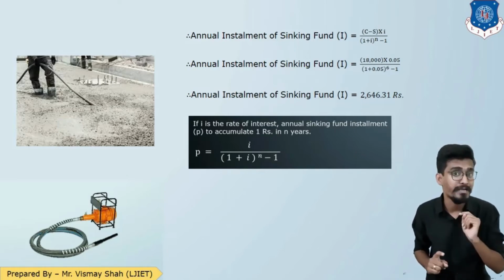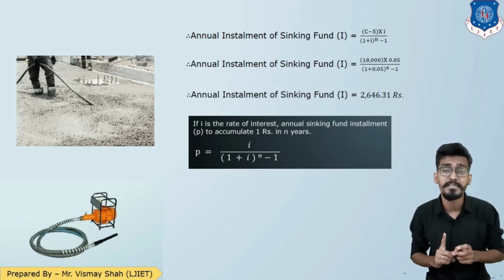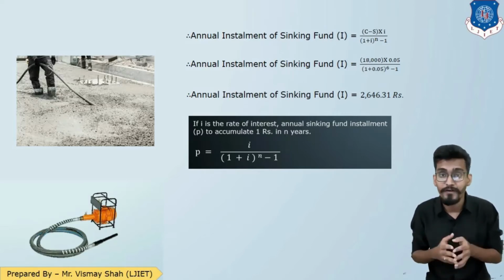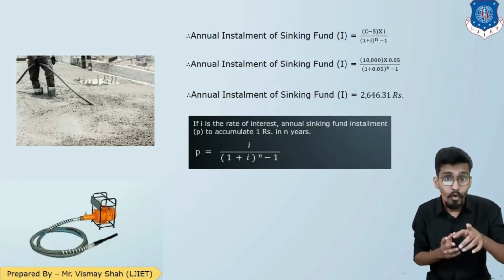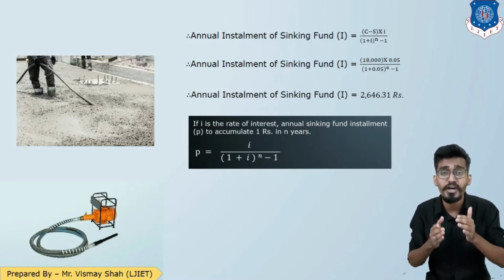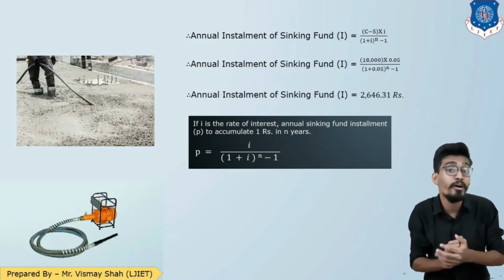In theory, it is capital A as we have seen in the table, but while doing the numerical, the installment of the sinking fund becomes capital I. So you can write it as capital I or capital A, both are the same. So here we are finding how much amount we should invest to get something at the end of n years.